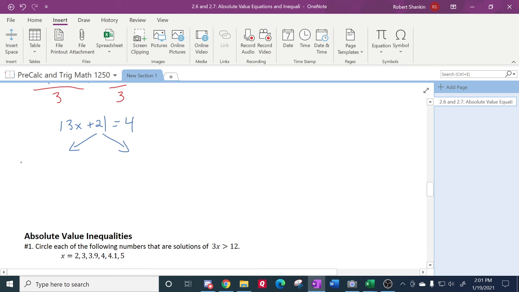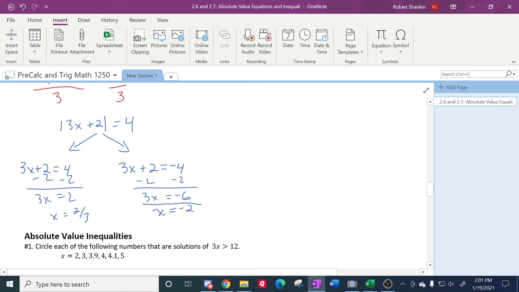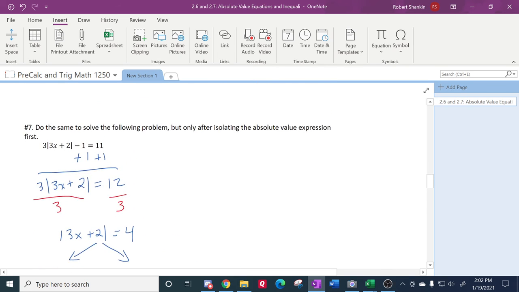Get 2 separate equations. And then I'll solve each. That's my answer. We'll put a comma in between them. 2 solutions for these absolute value equations.